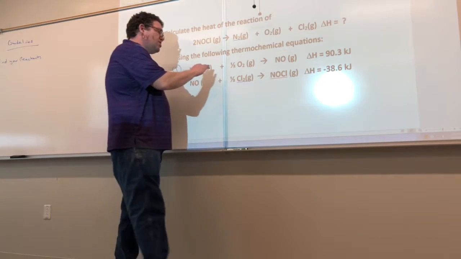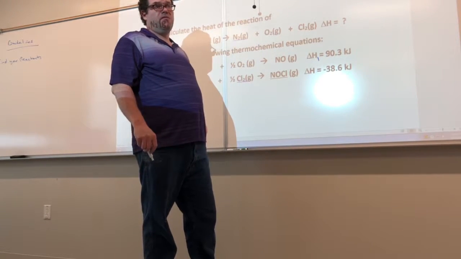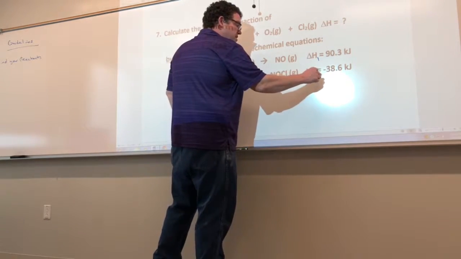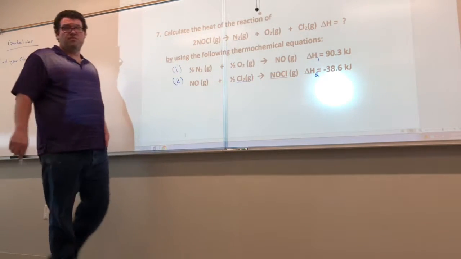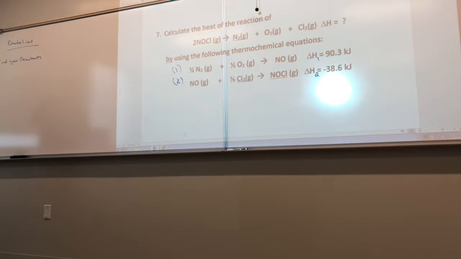So if that's equation number 1, this is the delta H for number 1. Everybody follow that? And if this is equation 2, this is the delta H for equation 2. Okay? All right, so first you're going to need to find your reactants, okay?